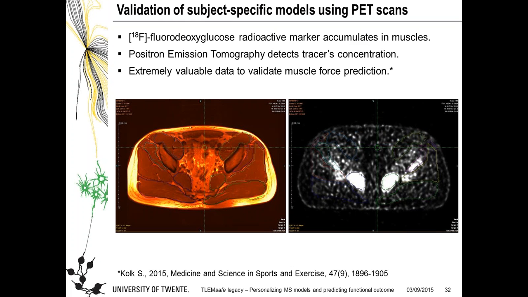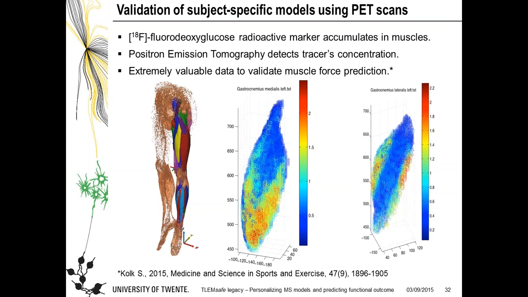The results of the PET scan were then registered with the CT scans, so that we could calculate the exact amount of radioactive glucose that accumulated in each muscle. This data, presented in a paper by Schurtkolk from the Radboud University Medical Center, represents extremely valuable information to validate musculoskeletal model predictions in the future.